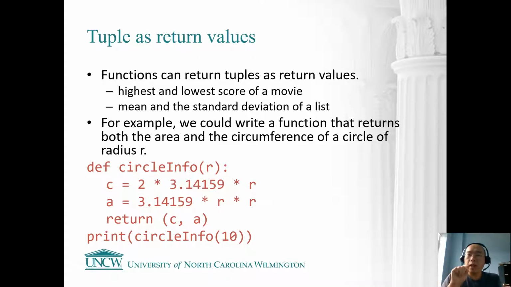But what is this function returning? It is returning C and A as a tuple, right? In other words, I'm putting together multiple values into a tuple, and then I'm returning a tuple from this function. So even from the syntax, it's still returning only one item, but it is a tuple.